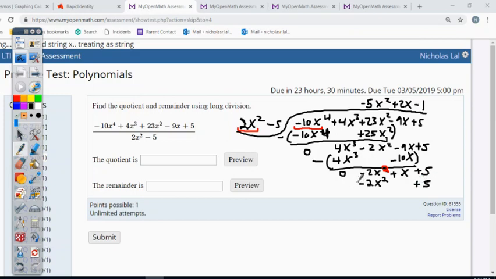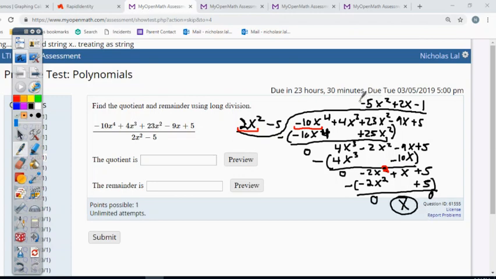So what I'm doing is subtracting here. Negative 2x squared minus negative 2x squared: two negatives make a positive, negative 2x squared plus 2x squared is 0. 5 minus positive 5 is 0, and all that's left over is x.